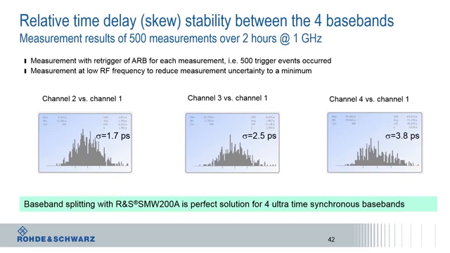This is the jitter from channel 2 versus channel 1, channel 3 versus channel 1, and channel 4 versus channel 1. You can see that the standard deviation is only 1.7 picoseconds in the first, 2.5 picoseconds for the third channel in reference to channel 1, and 3.8 picoseconds for channel 4 in reference to channel 1. So, by using the baseband splitting of the SMW200A, you get a perfect solution for 4 ultra-synchronous baseband signals.